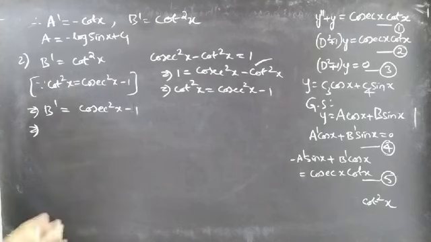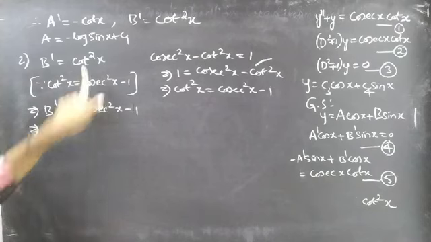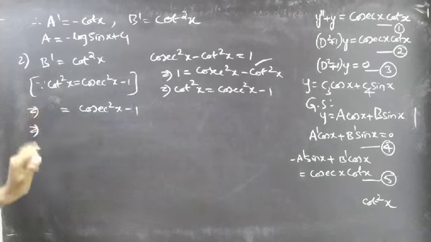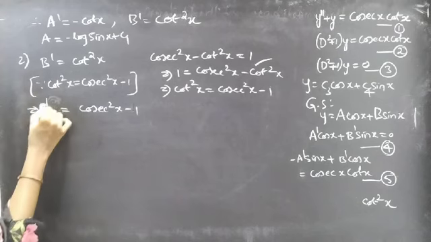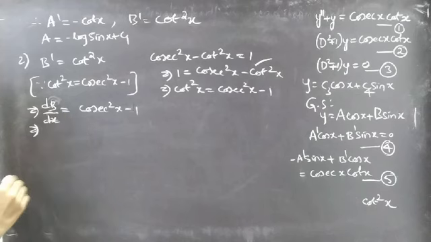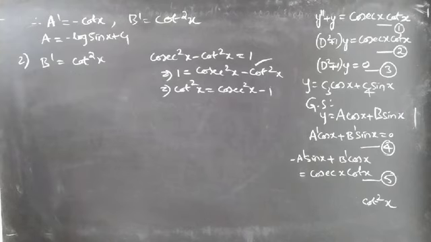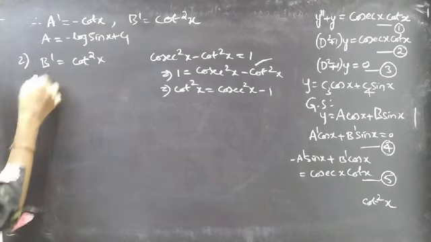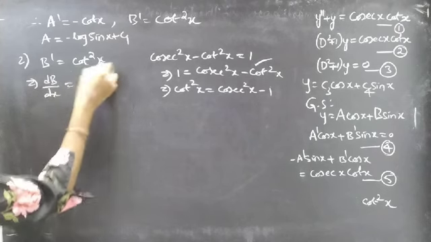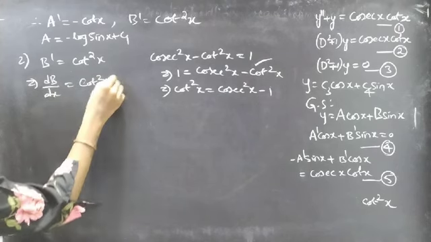Why we have changed cot square x to cosecant square x minus 1 is that we can write this b dash as the derivative of b with respect to x, and in the next step we have to integrate. So b dash as derivative of b with respect to x equals cot square x.